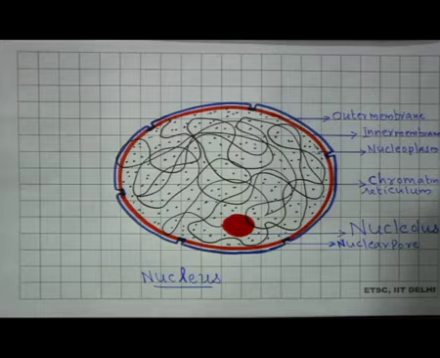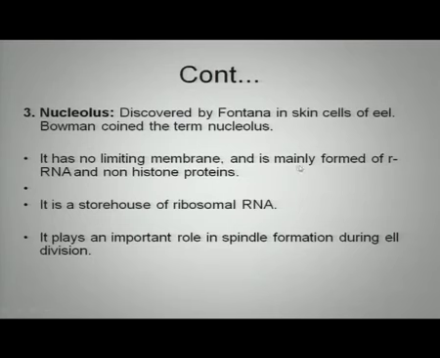It has no limiting membrane. It is mainly formed of ribosomal RNA and non-histone proteins. It is a storehouse of ribosomal RNA. It plays an important role in spindle formation during cell division.